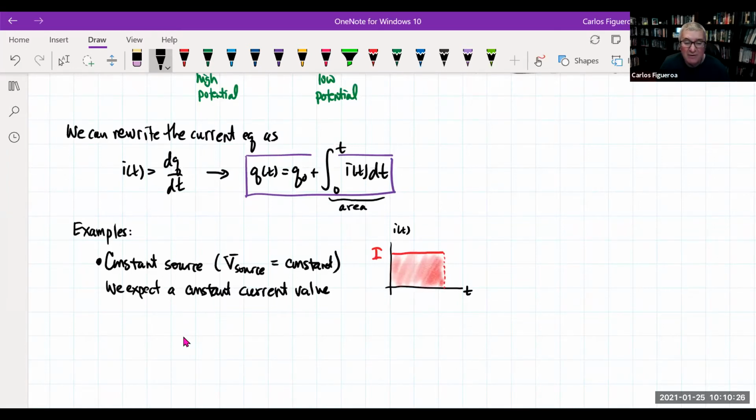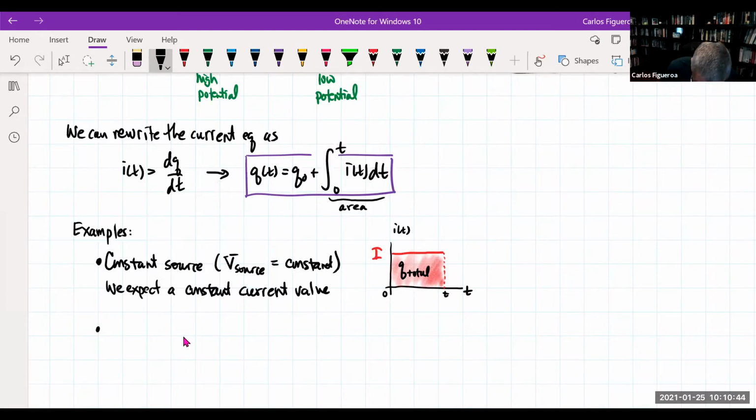This area here represents the total charge acquired between some time 0 and some time t. That's what that quantity should tell us.